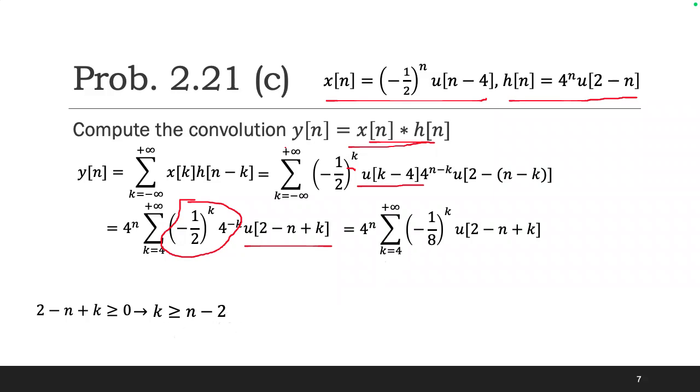Actually, we have the other lower boundary, 4. So for now, we need to decide which lower boundary to use. We need to compare n minus 2 and 4, which one is bigger and which is smaller. When n minus 2 is greater or equal than 4, that is n greater or equal than 6, which will be the lower boundary?